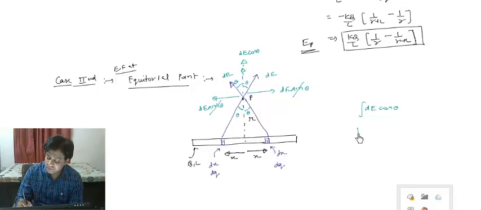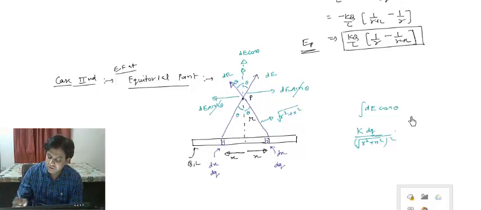dE can easily be calculated by k dq upon distance square. This is r, this is x, so this distance will be under root of r square plus x square. So (k dq by (r square plus x square under root) square) dot cos theta.